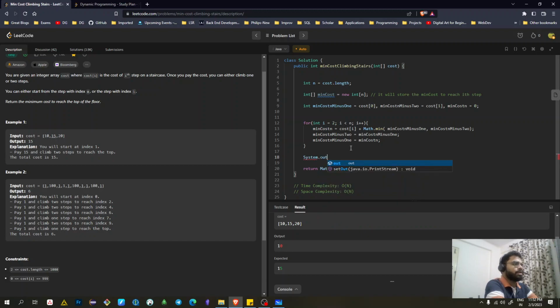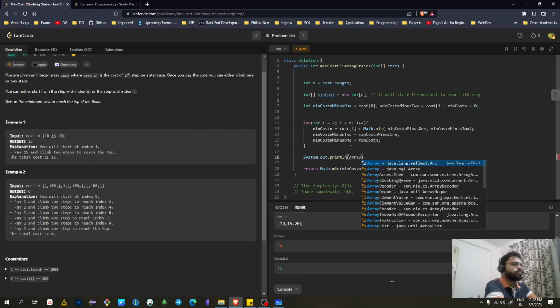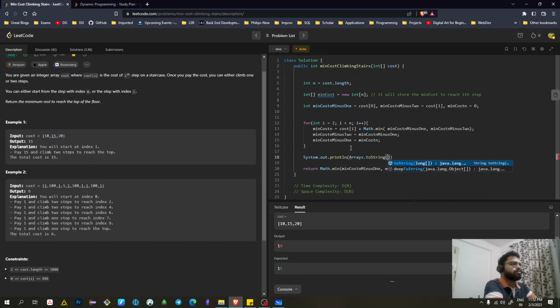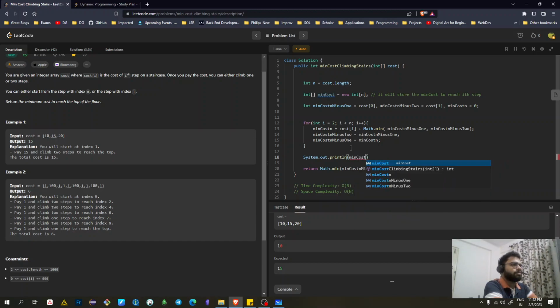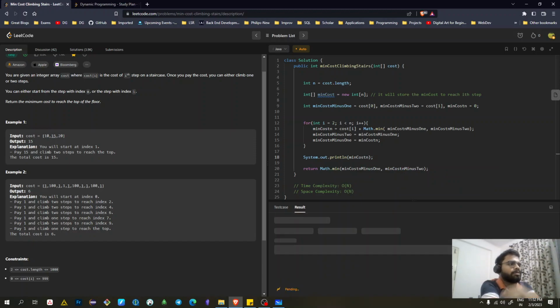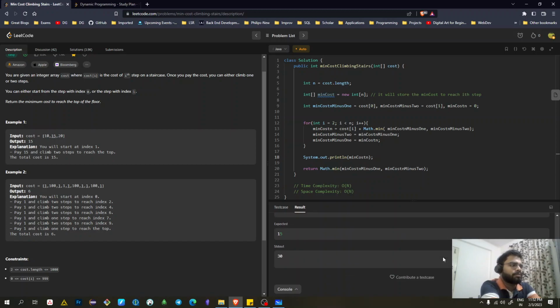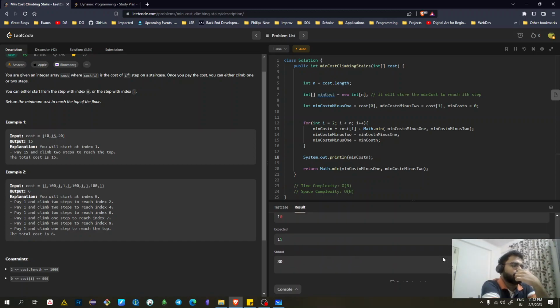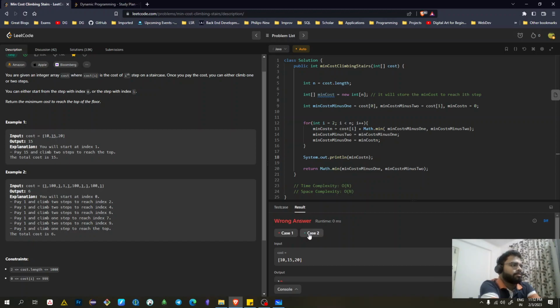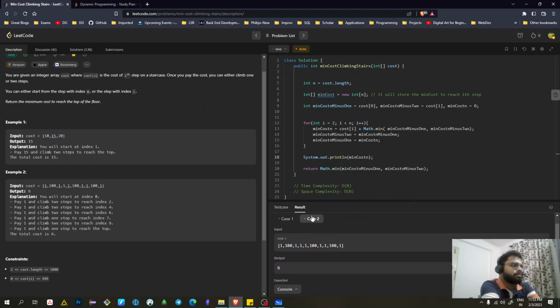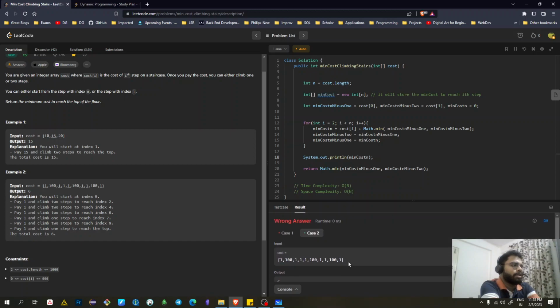I want to see how my array looks. We don't have an array, but for the second one it is working.